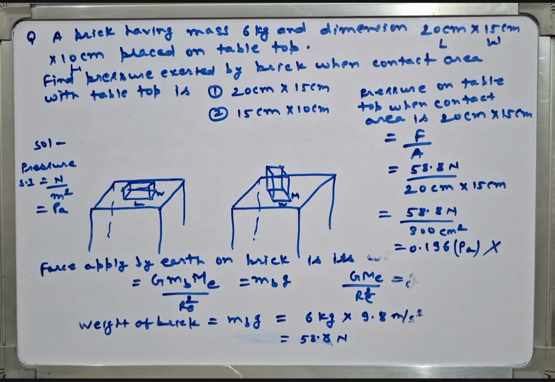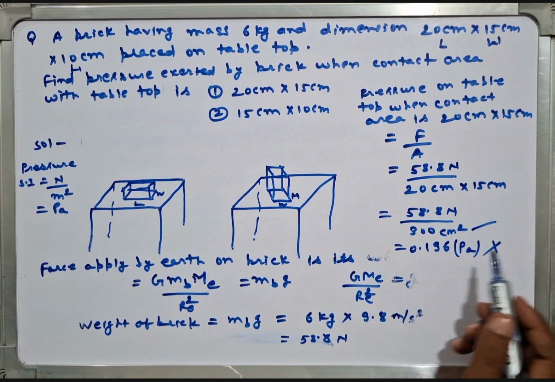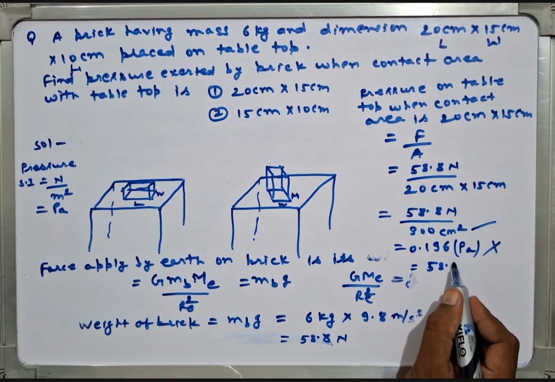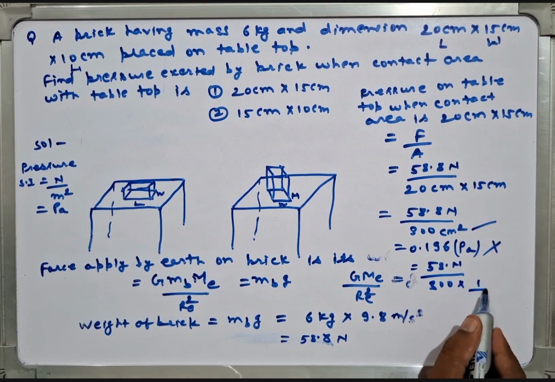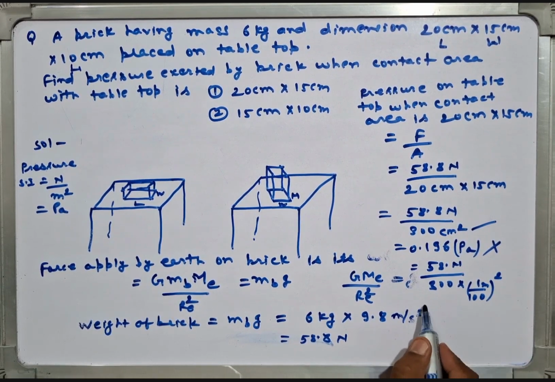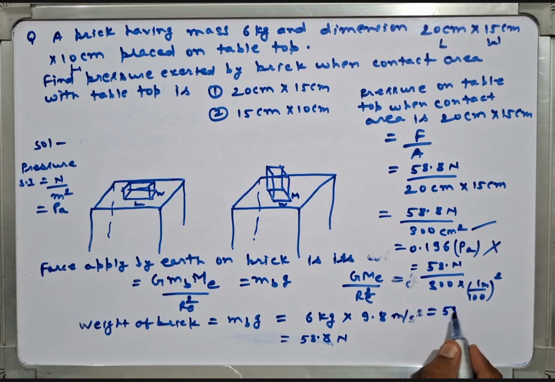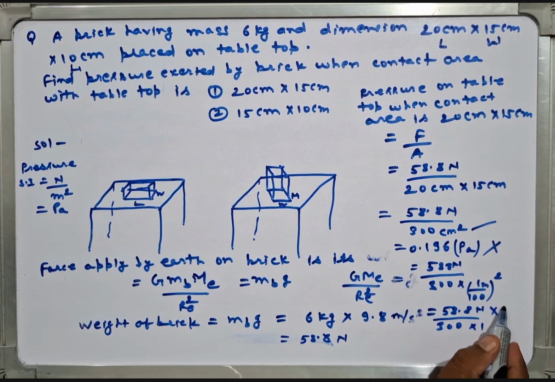So where did we make the mistake? The unit is in centimeter square, so you need to convert it into SI units. We can put 1 by 100 meter, all squared. Now this becomes Newton over 300 into 10 to the power of minus 4 meter square.